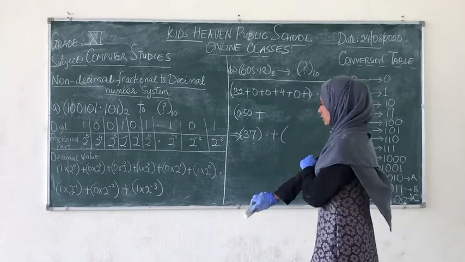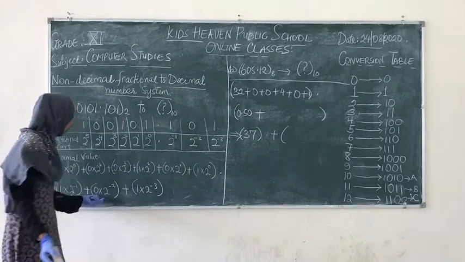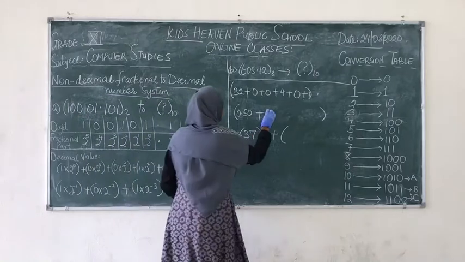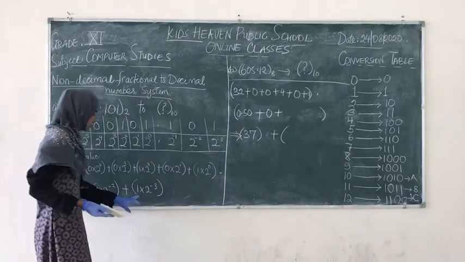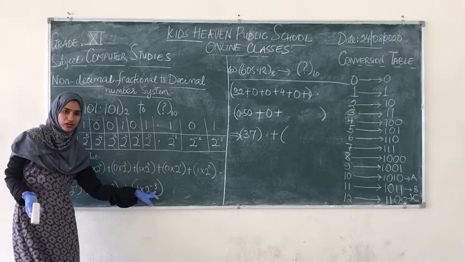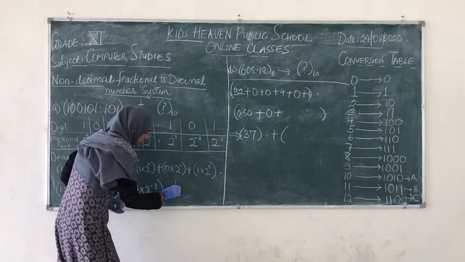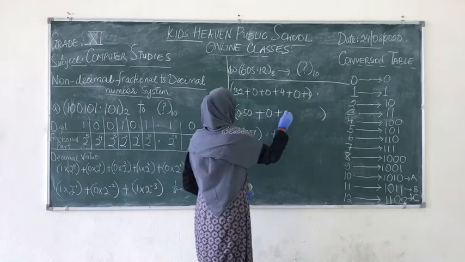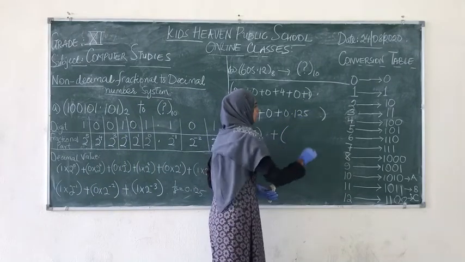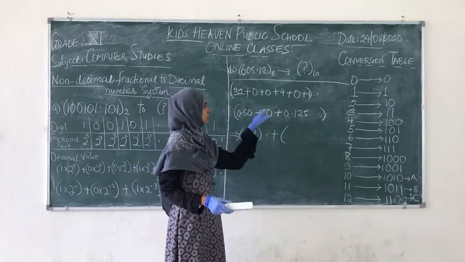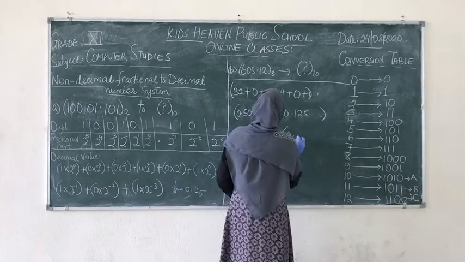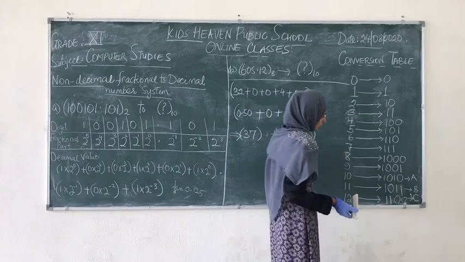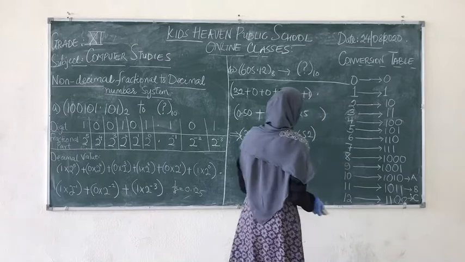When we have a 0 multiplied by 2 to power 2, it is a 0. 0.652.